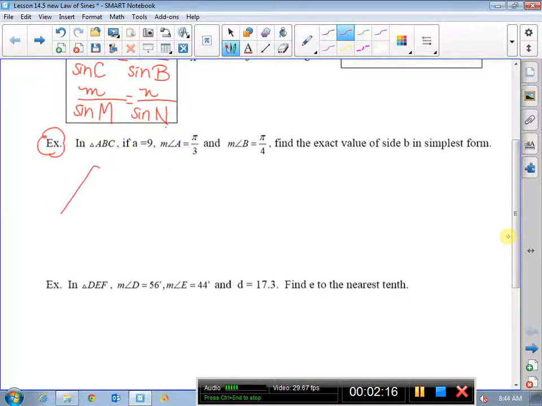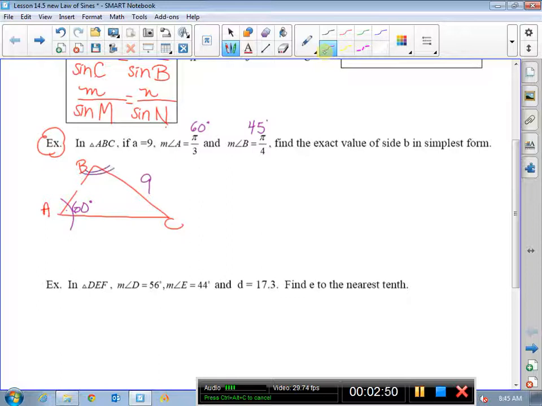First one says in triangle ABC, if side A equals 9, remember that's the side across from angle A, and the measure of angle A is pi over 3, I'm going to use 60 degrees there, and the measure of angle B is pi over 4, so that's 45 degrees.